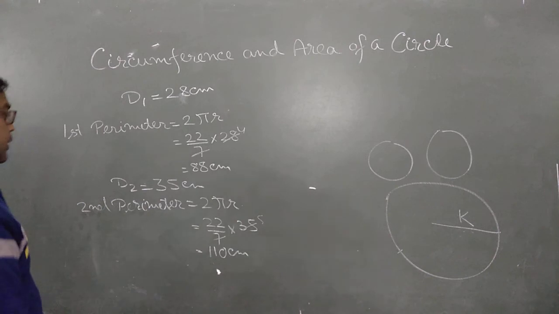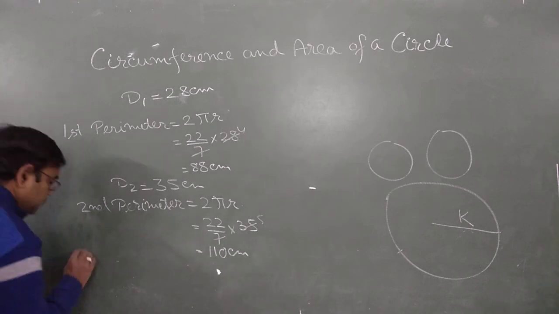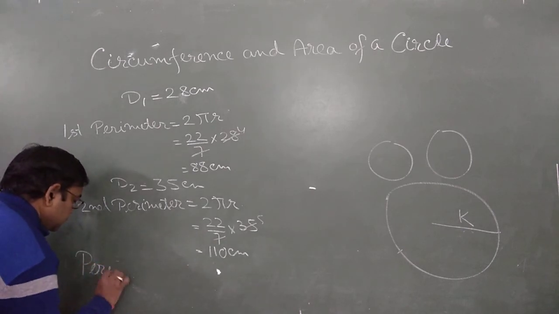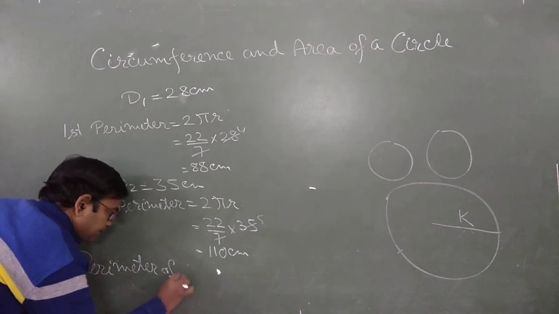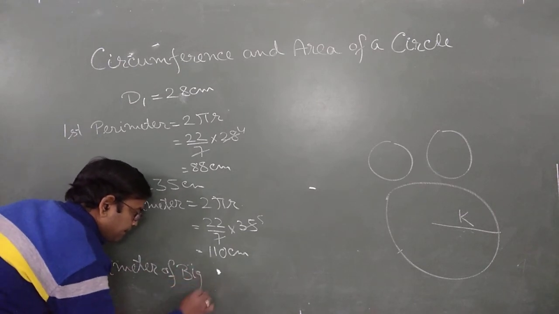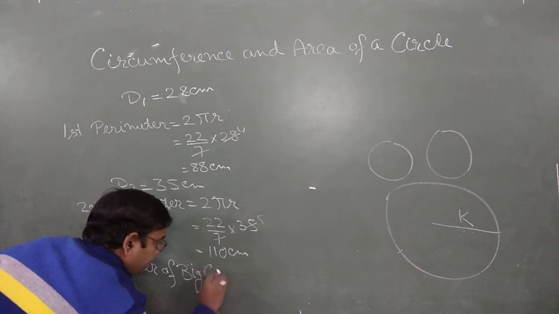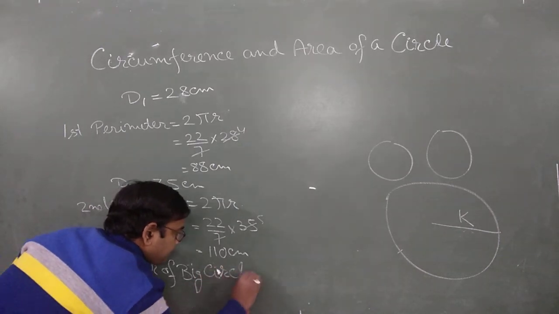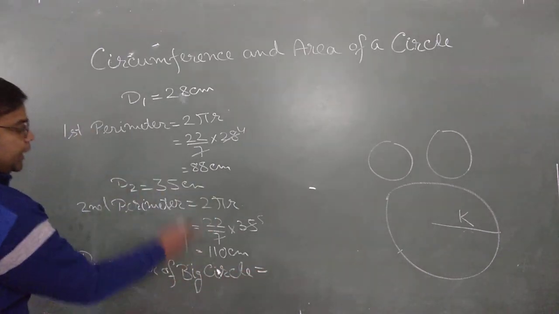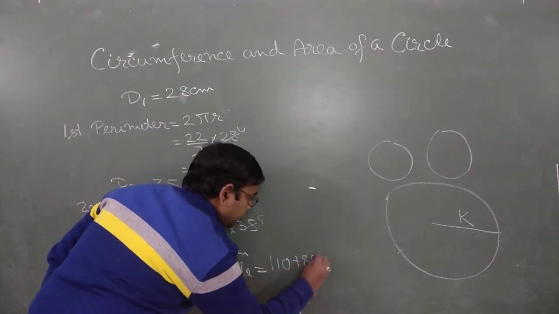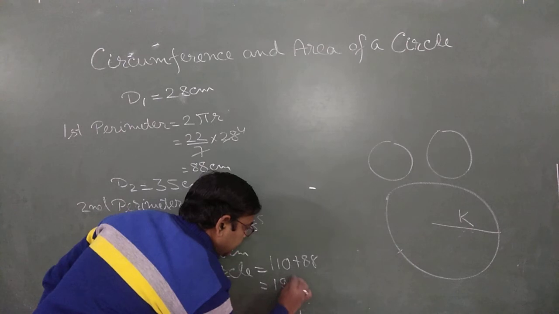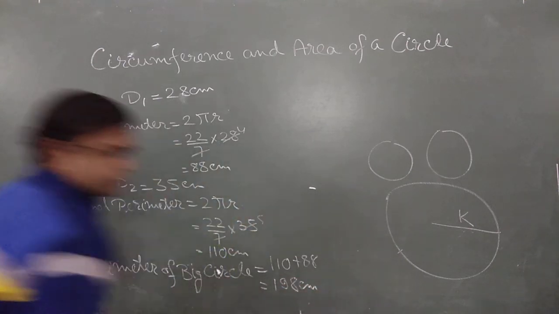Now from this we can easily find out the perimeter of the big circle. Equals, we add these two, 110 plus 88, it's 198 centimeter.